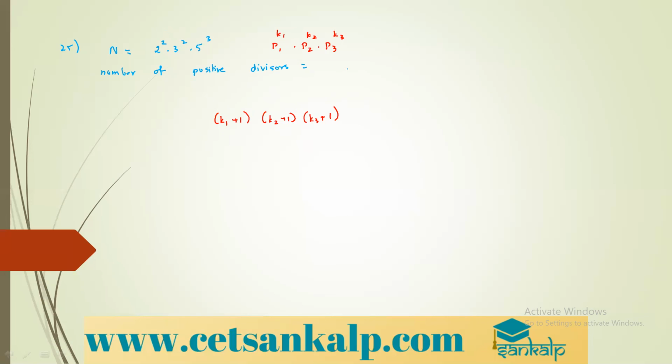So now I can write 2 plus 1, that is 3. This power 2 plus 1, that is 3. This power 3 plus 1, that is 4. So how many divisors will I have? 36 positive divisors are possible.